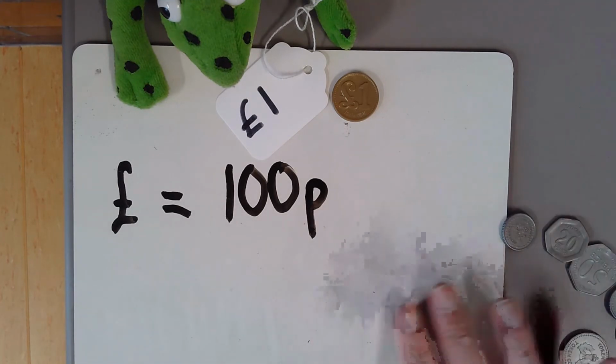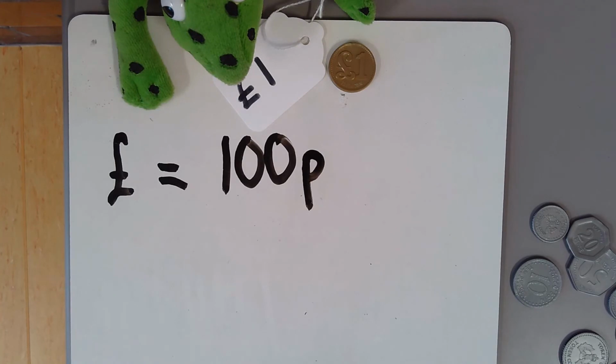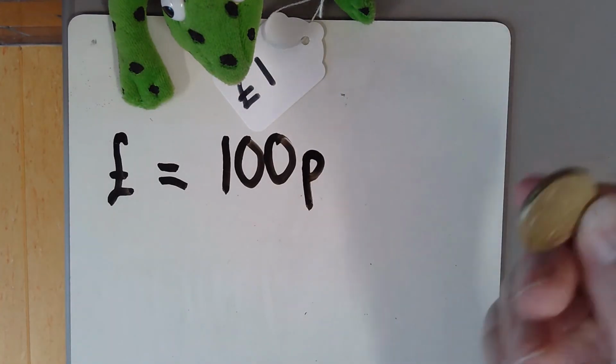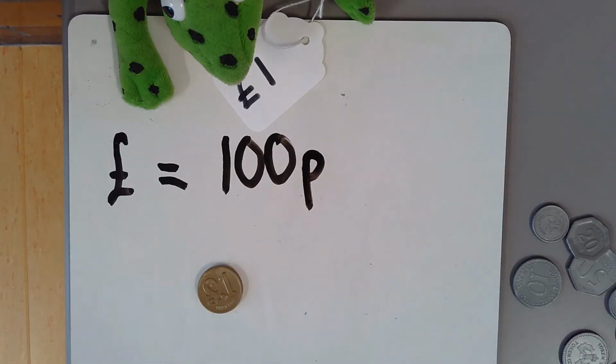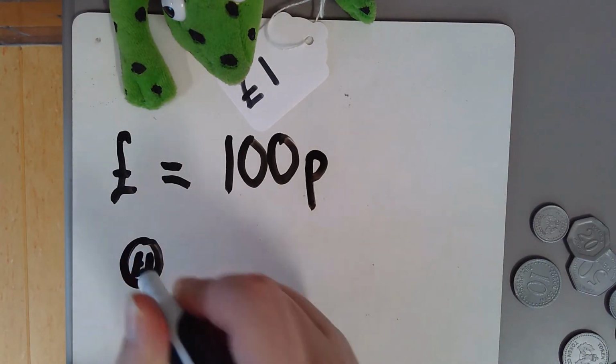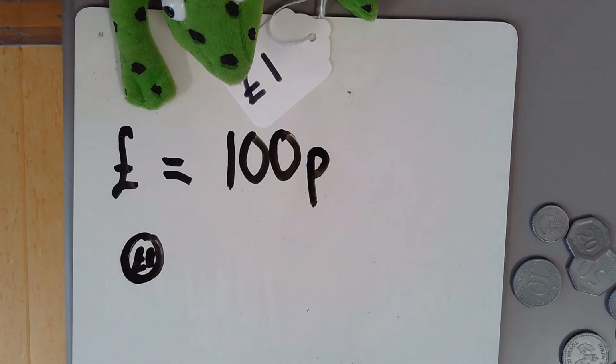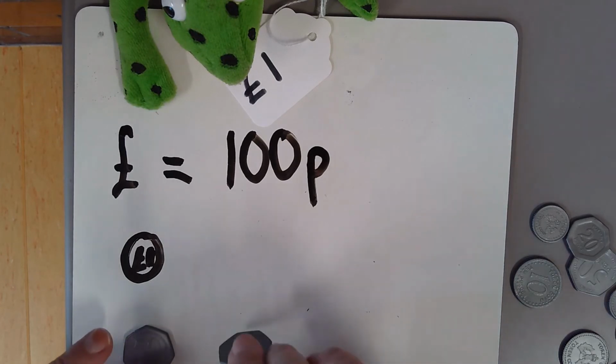So I'm going to show you how to record this now on some paper. So the first way of finding a pound would be to draw out £1. That's one way of doing it. Now I'm going to start with the second biggest coin, and I'm going to see how many different ways I can make a pound using 50p's. 50, 100.